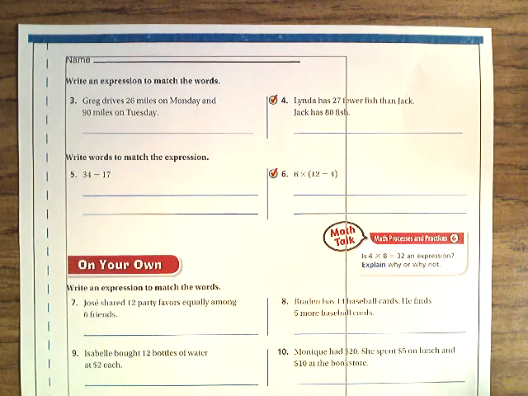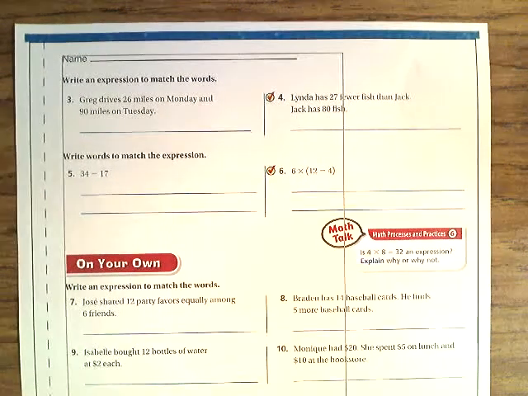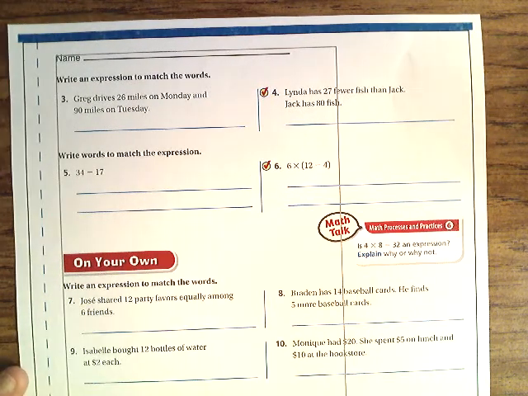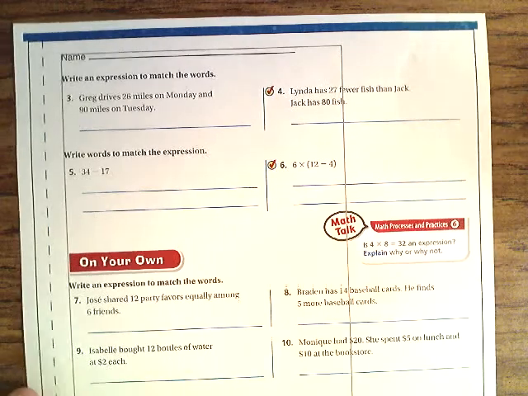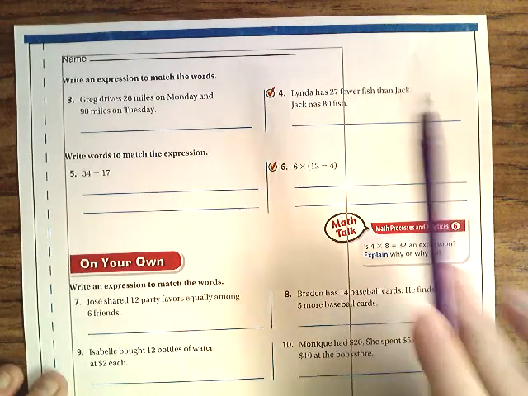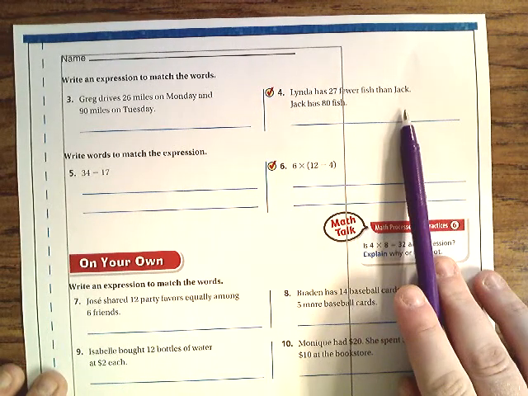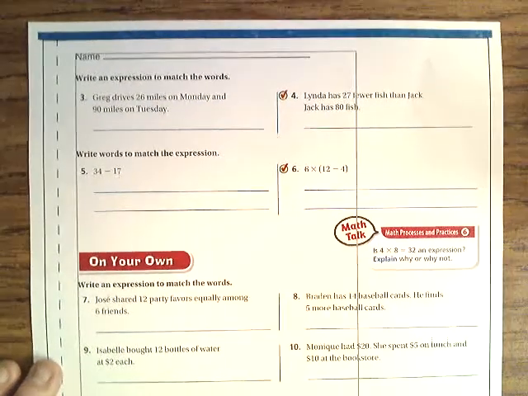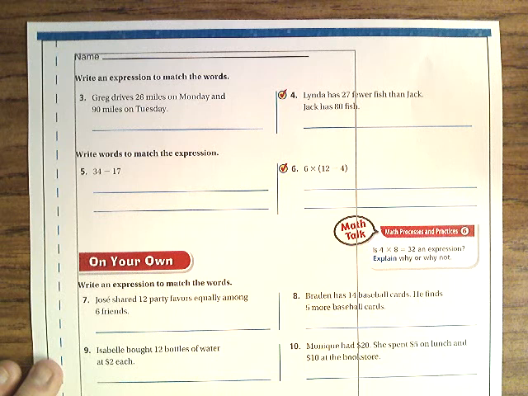All right, so let's look at this. We're going to take a look at a couple of these up here. Write an expression to match the words. I want to look at number 3 first, and then I want to look at 4 because I think 4 is crazy. Number 3 says Greg drives 26 miles on Monday and 90 miles on Tuesday.